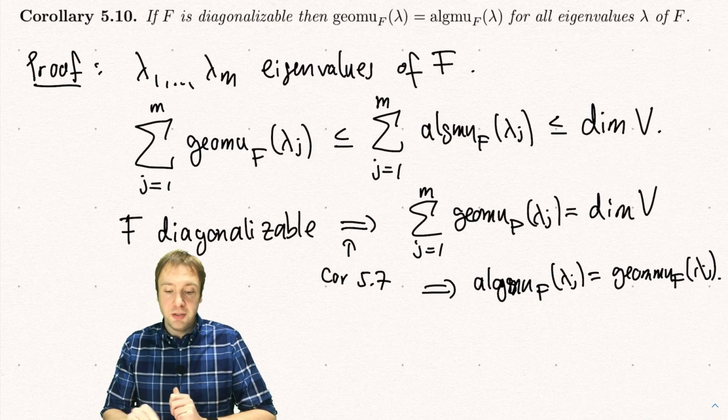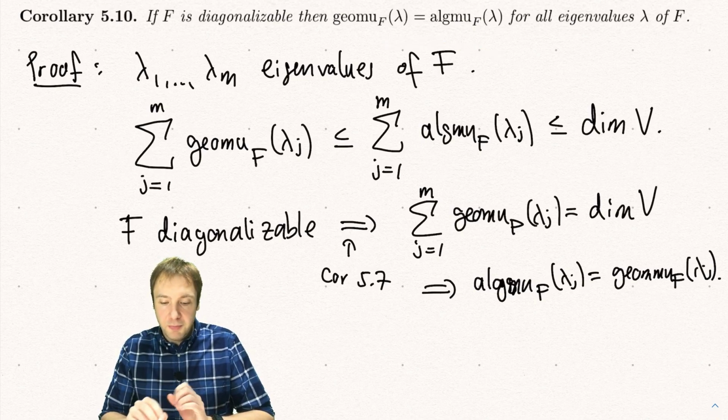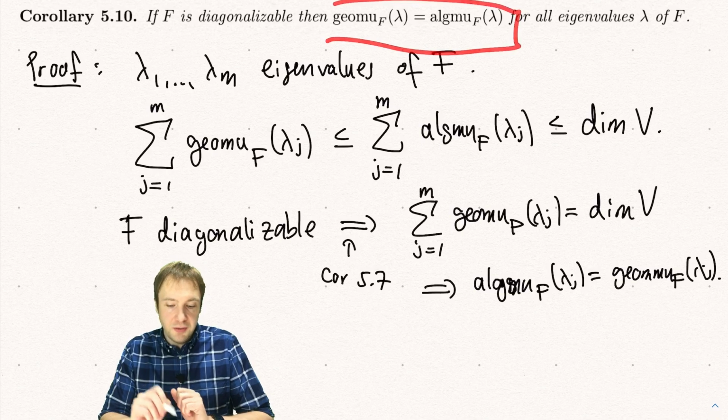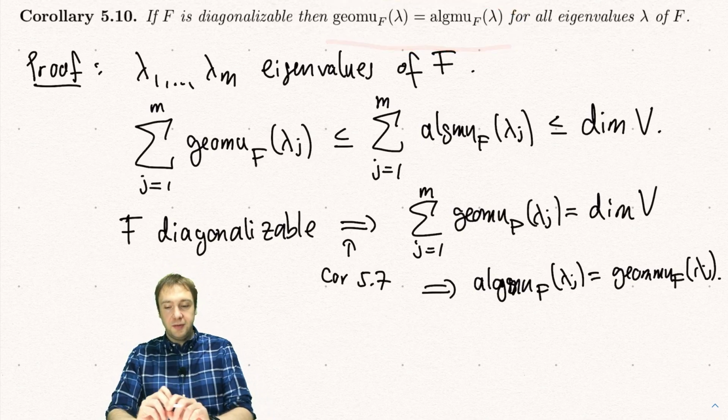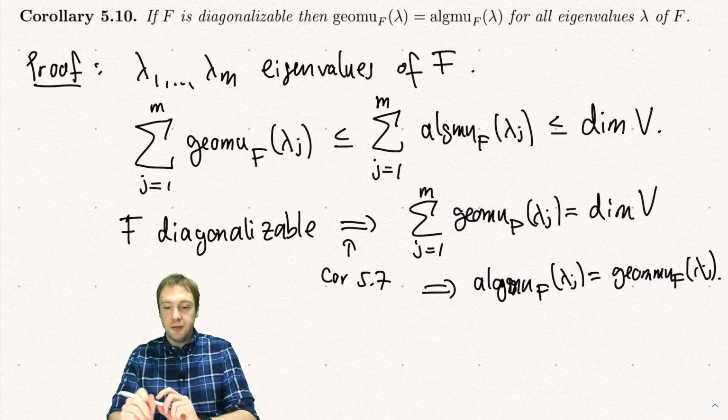And the other direction is wrong if we just consider the real case, but we can show that the other direction is true if you consider complex vector spaces. So there you can show that if the geometric multiplicities equal the algebraic multiplicities, then this linear map F is diagonalizable.